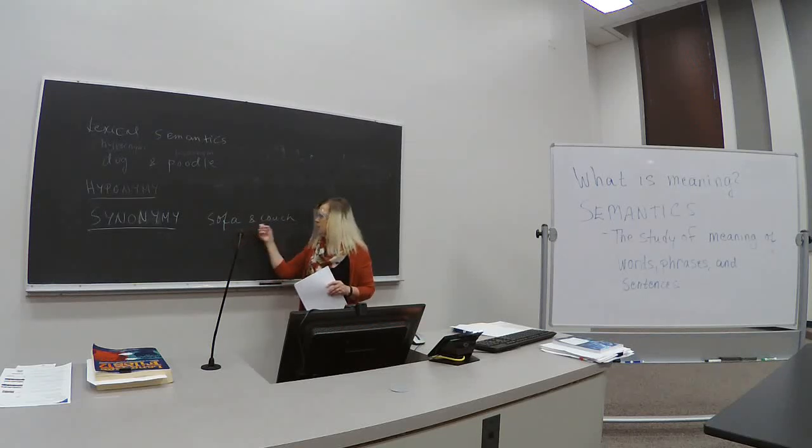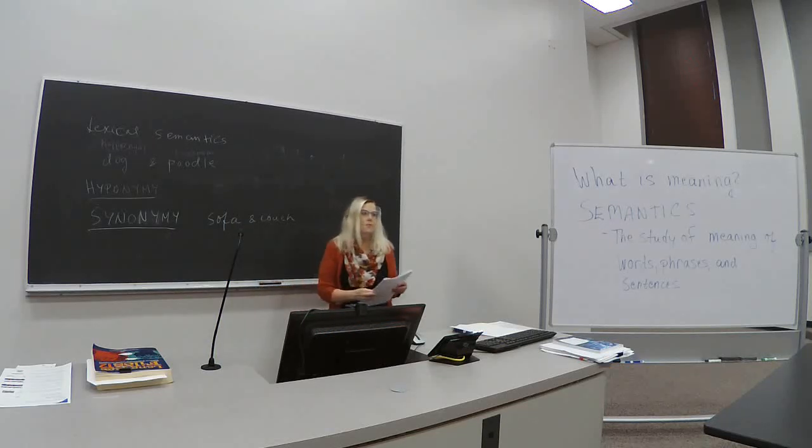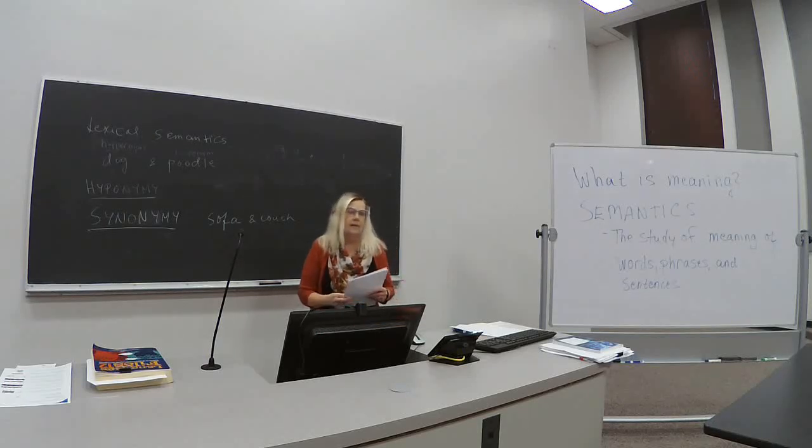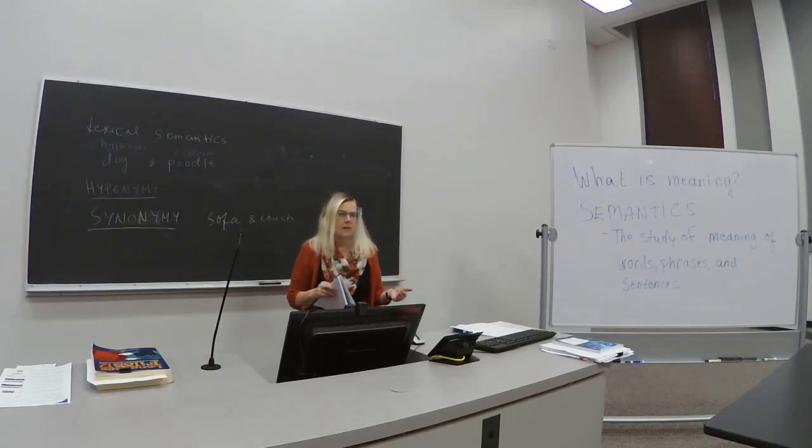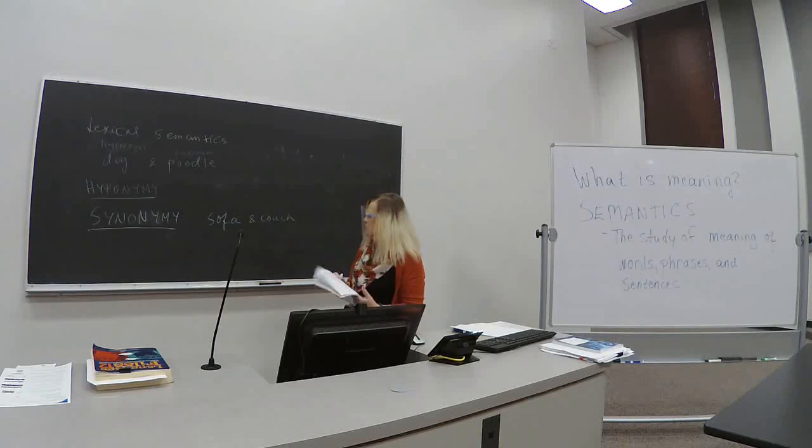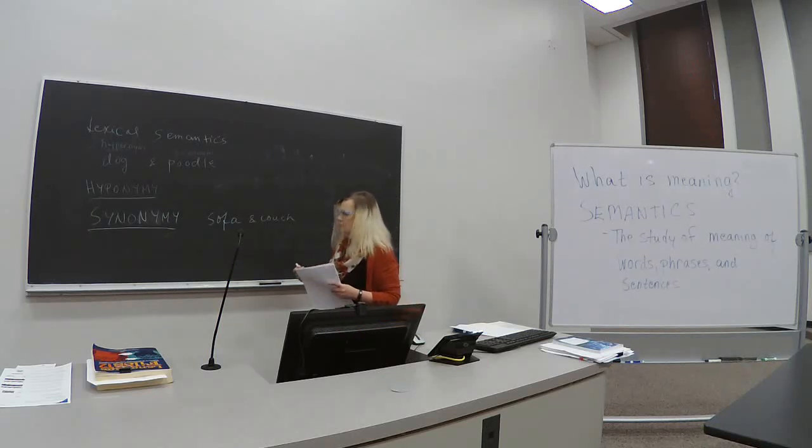So sofa is a couch, and couch is a sofa, right? And of course, this is what dictionaries try to do. They give you synonyms, sometimes circumlocutions, and so on. But synonyms are very often used in dictionaries to try to define the meaning of a word, and that's a good way to go.